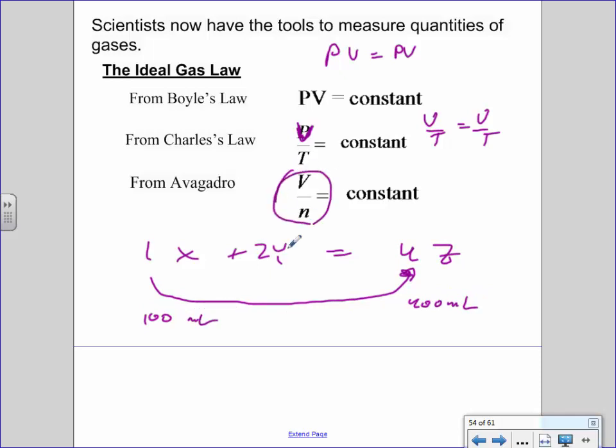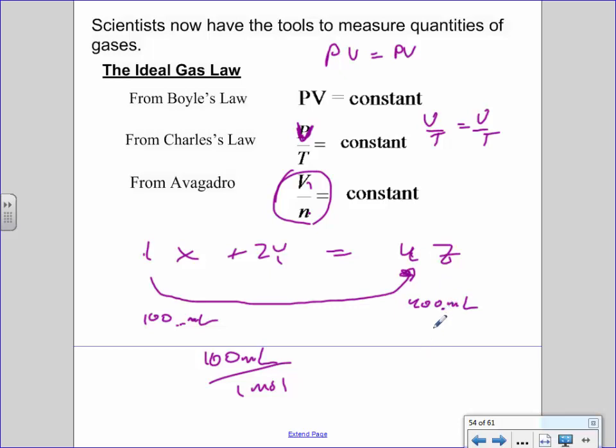That's kind of what this is: your volume divided by your moles is always a constant. In this example, if 1 is 100 and 4 is 400, then you could say that there is 100 milliliters for every 1 mole. Here we have 1 mole, so we have 100. Here we have 4 moles, so we have 400.